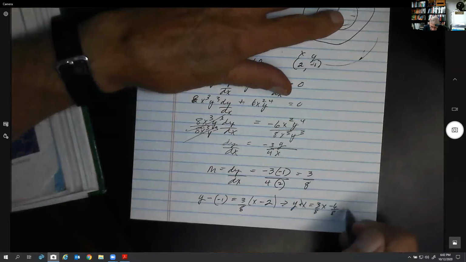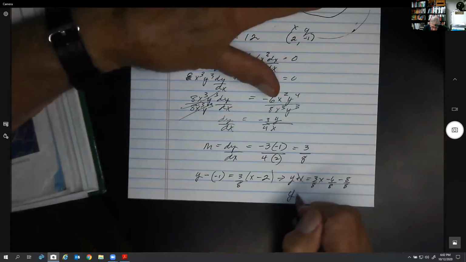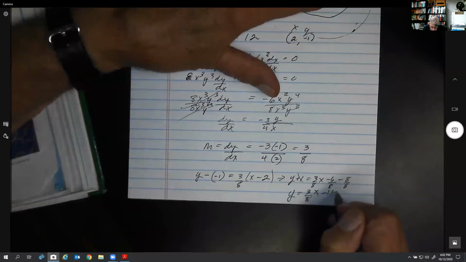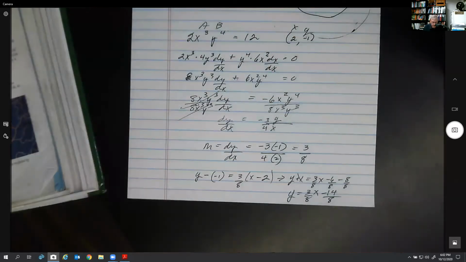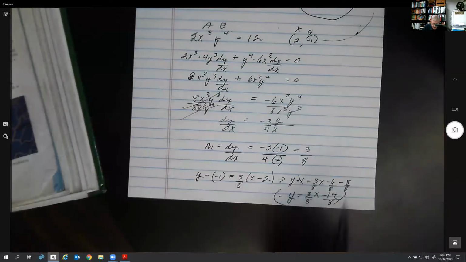Bring over the 1, minus 1, which would be 8/8. And I could get my equation right here. I did it kind of quick. Hopefully I didn't make a mistake, and I might reduce that. But that's pretty much the equation then of the tangent to this curve.